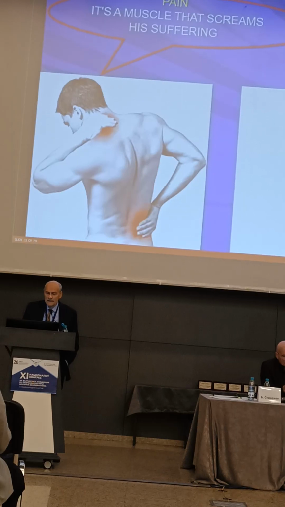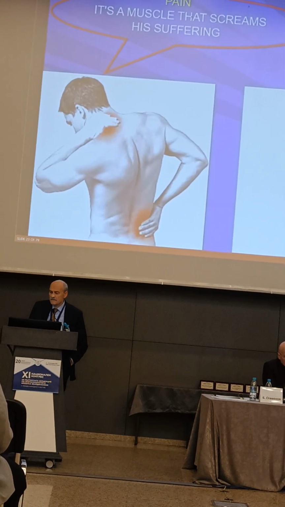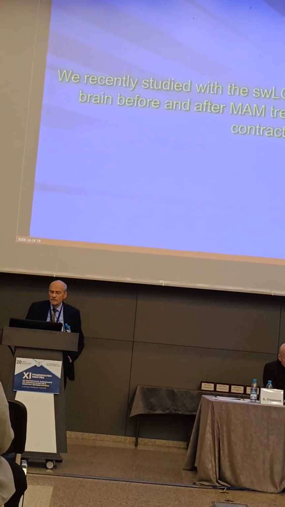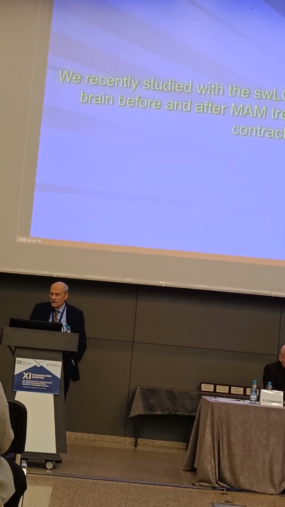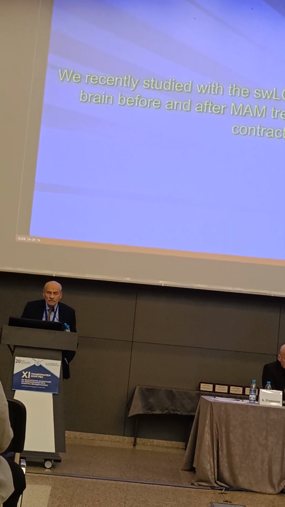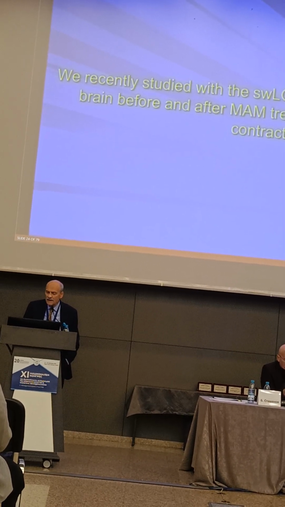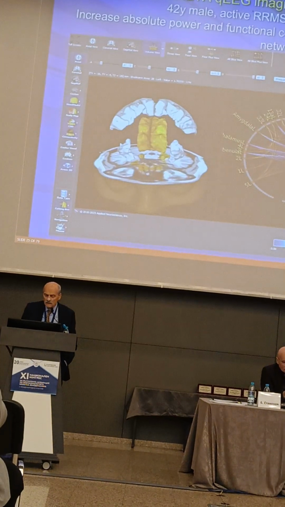Okay, pain is a muscle for us that the skin is suffering. MAM relieves immediate pain. We recently studied with sLORETA EEG the effect on the brain before and after MAM treatment of a painful point in contraction, pain.